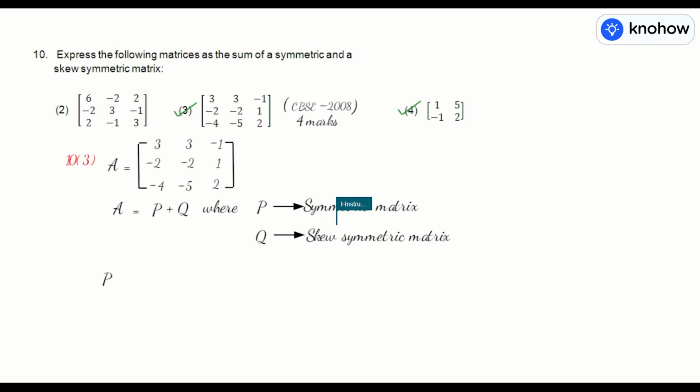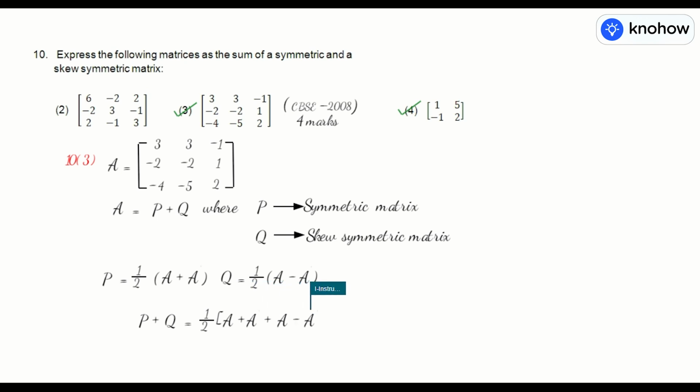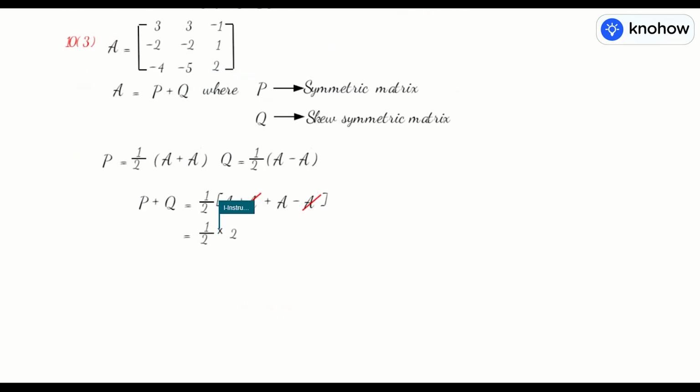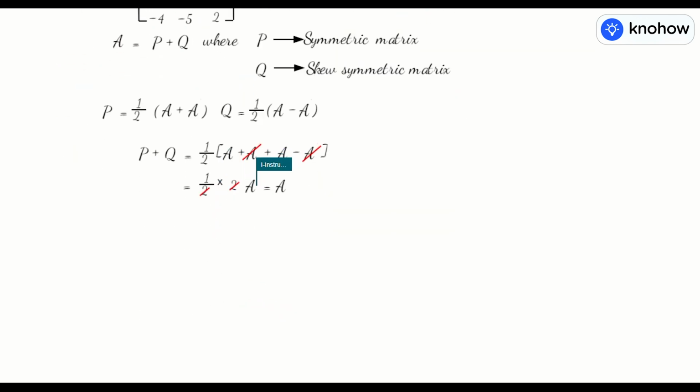Now if I choose P equal to half A plus A dash and Q as half A minus A dash, where of course A and A dash both are the matrices of order 3 by 3. What do you find here? P plus Q, half common, you get A plus A dash plus A minus A dash cancels, so you get half times 2A, that is A only.